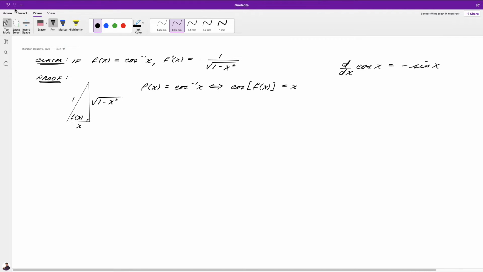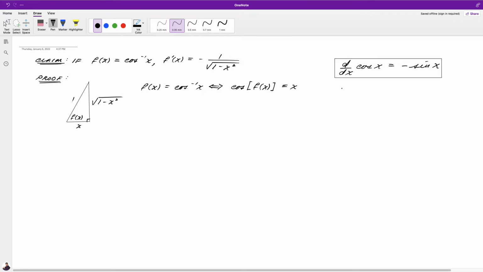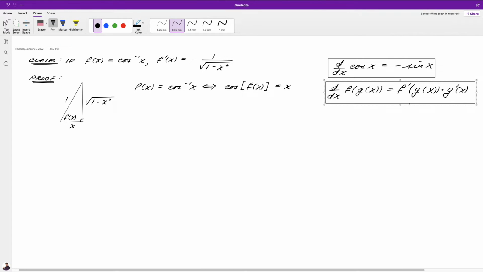Okay, so we have indeed proven that statement, and we're going to be using that today. We also know that d dx of f of g of x is equal to f prime of g of x times g prime of x, otherwise known as the chain rule. And we have, of course, a proof of that up.